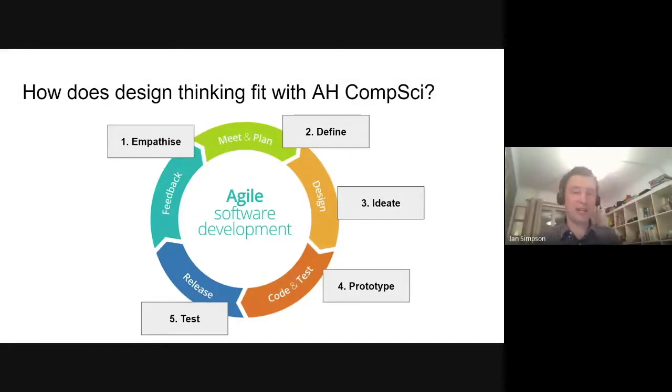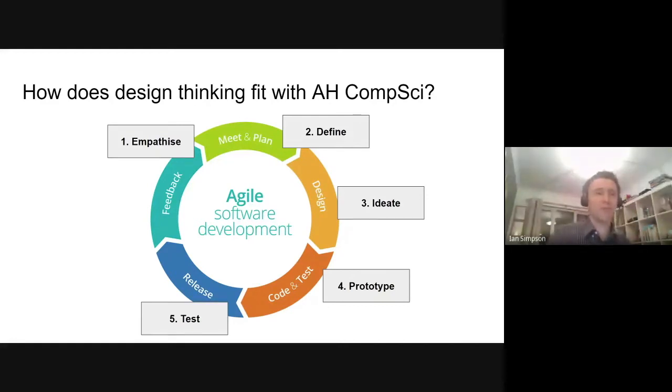Then you quickly ideate. That's an American word for you. You ideate, you come up with lots of ideas for solving their problem, and then you prototype it very quickly and test it with the user or the client so that you can get feedback and understand their problem a bit more, and you just circle round and round, and it fits perfectly with your Agile methodology.